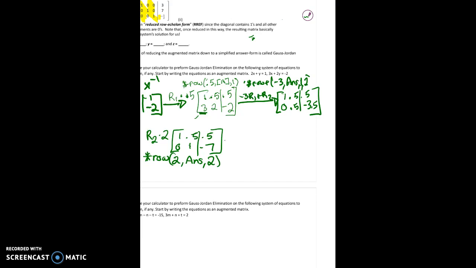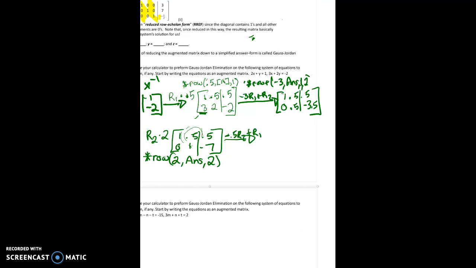Now, the last thing to do, because we want this to be in row reduced echelon form, so I need to get rid of this 0.5. So I'm going to multiply row 2 by 0.5 and add it to row 1, or I'm sorry, -0.5. So -0.5 times row 2 plus row 1.